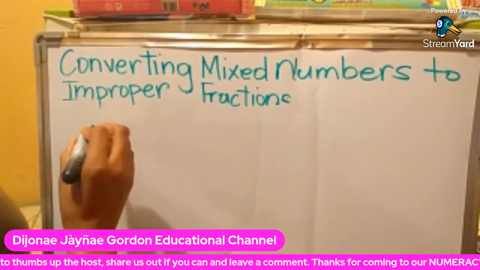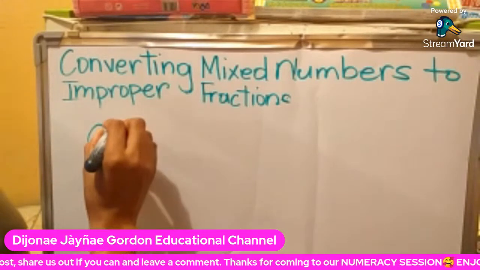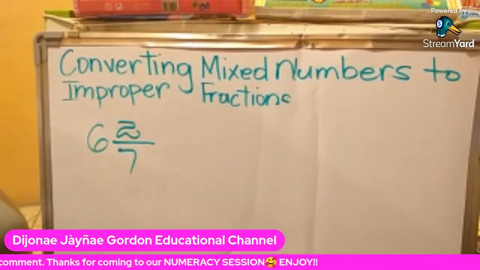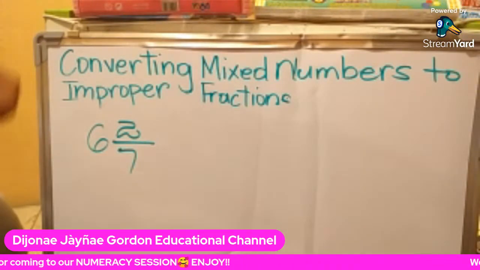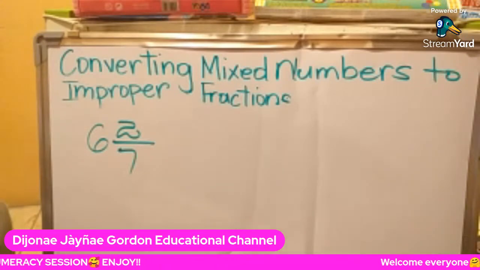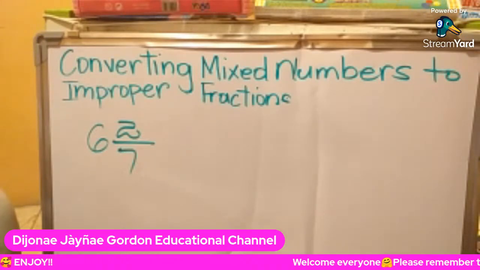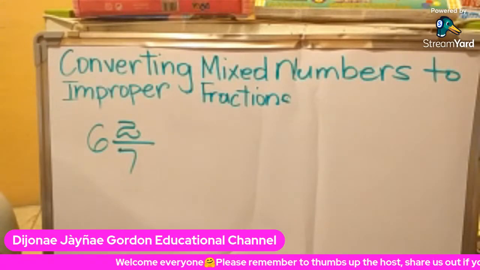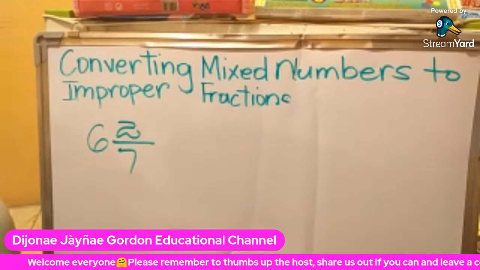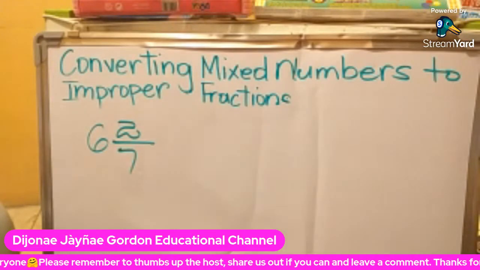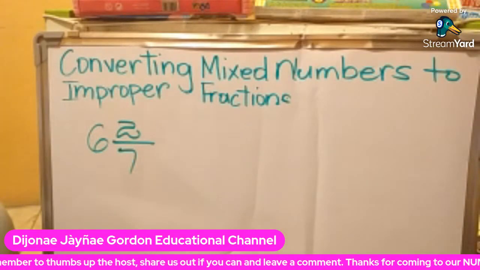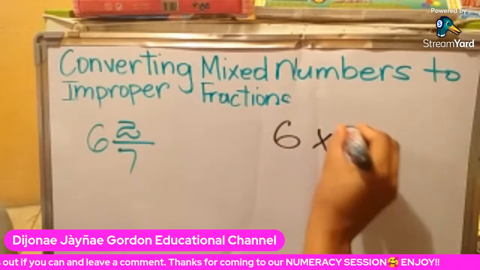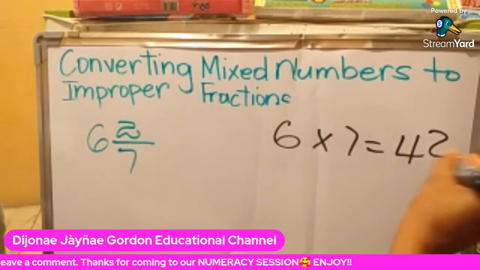So now we're going to say 6 and 2 over 7. So you have to know your 6 times or your 7 times. 6 is the whole number and 2 over 7 is the proper fraction. 6 multiplied by 7 is 42.